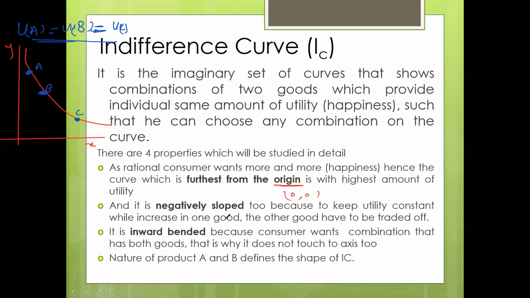Second, it will be negatively sloped. We will go into detail on why. It is negatively sloped because to keep the utility constant, when one good is increased, the other has to decrease.